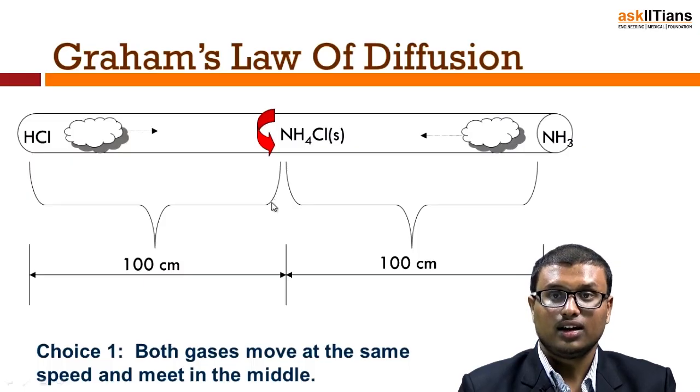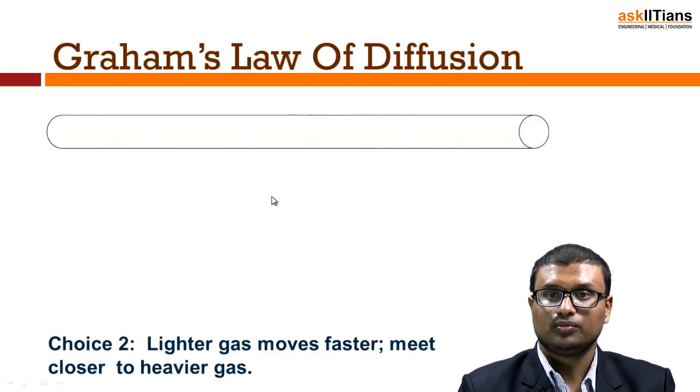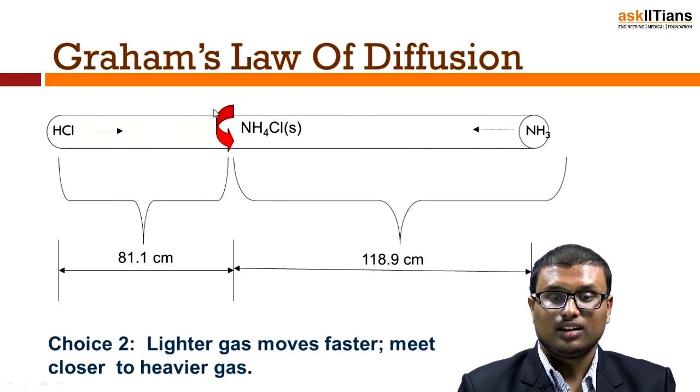But really, if I introduce HCl at one end and ammonia at the other end, will they meet at the middle? Are the speeds the same? No, not at all. You can see here, they meet towards HCl.